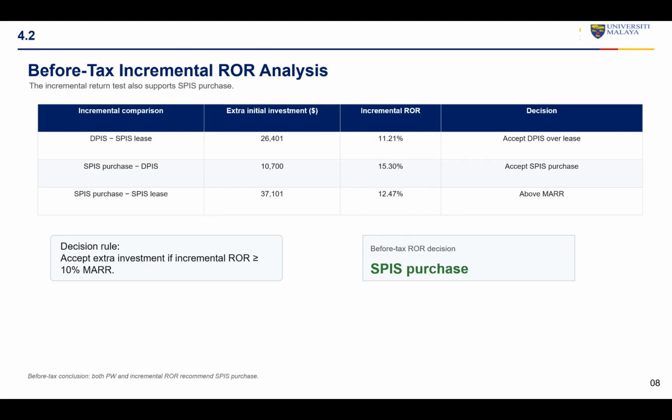So DPIS is accepted over SPIS lease in this step. Next, the incremental ROR of SPIS purchase over DPIS is 15.3%, which is also higher than MARR. Therefore, the incremental ROR method also recommends SPIS purchase before tax.